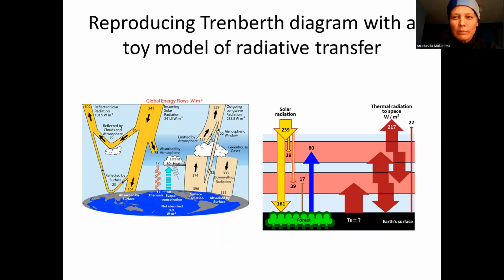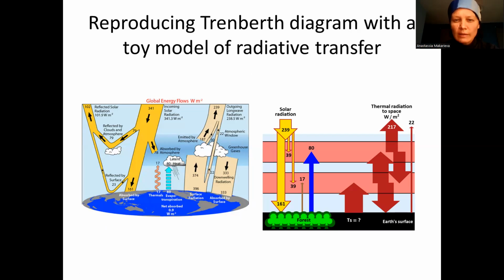So, for example, first of all, to acquaint ourselves a little bit more with this approach, with this toy model of radiative transfer, let us try to reproduce the Trenberth diagram with this scheme. So, what do we take from the Trenberth diagram?